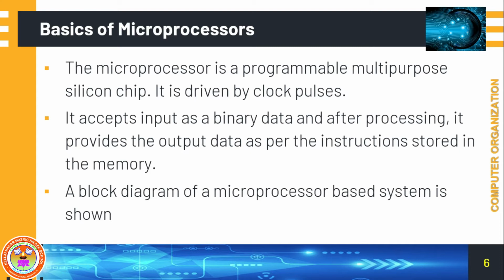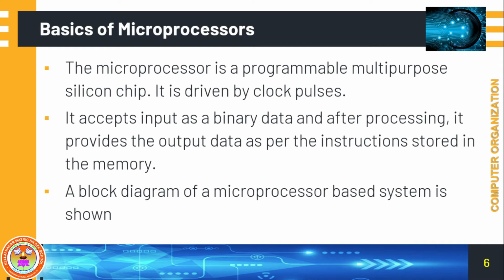So machine languages are understood only as binary data. That's why I am telling you it accepts the input as binary data and, after processing, provides the output data as per the instructions stored in the memory.